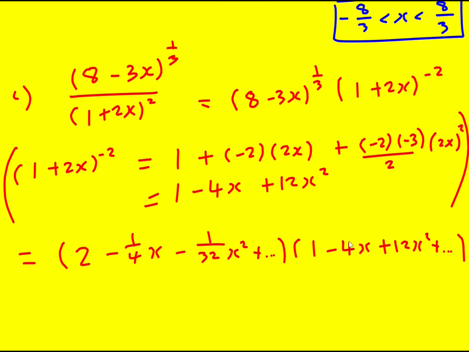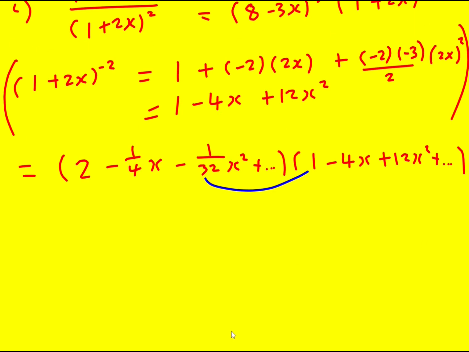But I only want the term in x squared. And I did need to do quite a big expansion because there's lots of different ways I can get it. So I'm going to get minus 1 over 32 x squared from that multiplication across. I don't know why I started with that, to be fair.